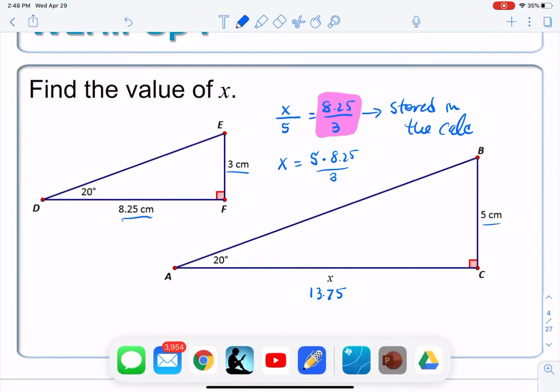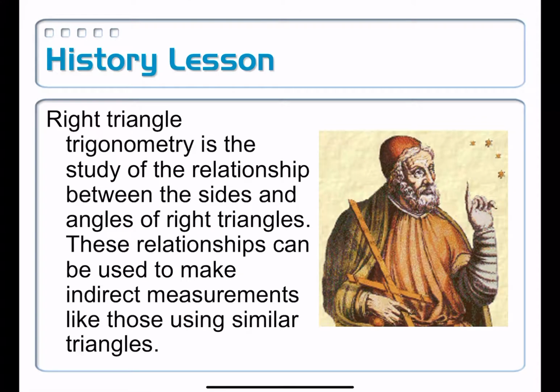So let's go back to the slideshow here and get a little bit of a history lesson. Where's all this stuff coming from? Right triangle trigonometry came after trigonometry. The sine, the cosine, and tangent weren't originally attached to right triangles, but eventually they got attached to them for a very specific, very useful reason, and it gives us an opportunity to understand trigonometry in a high school geometry class.